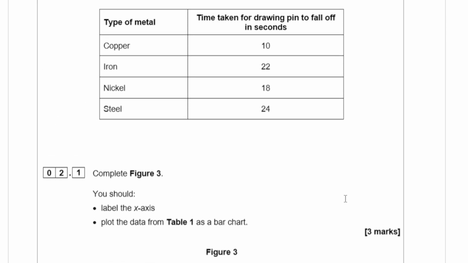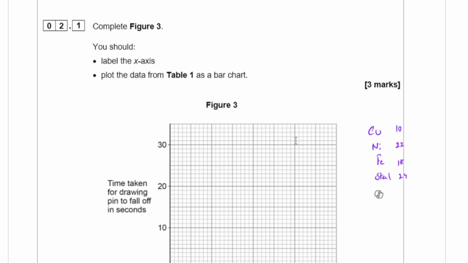So you've got copper, nickel, iron, steel. Copper is 10, iron is 22, steel is 18, 24. Sorry, nickel is 18.